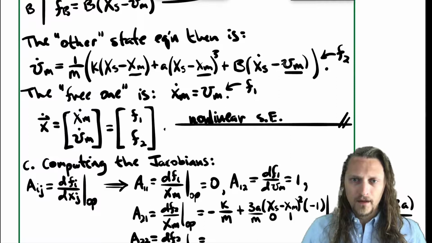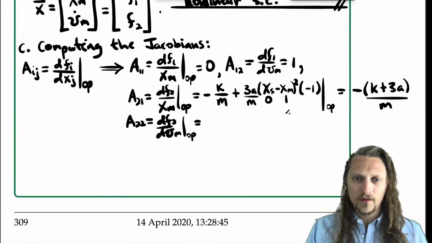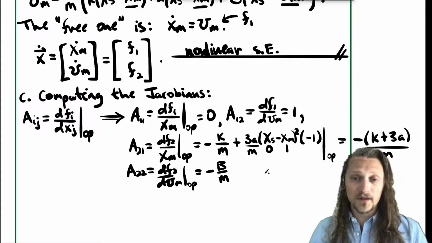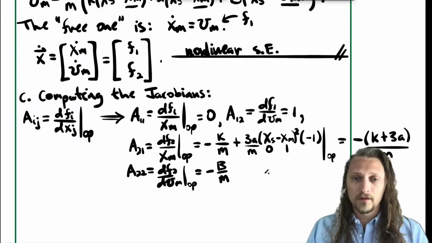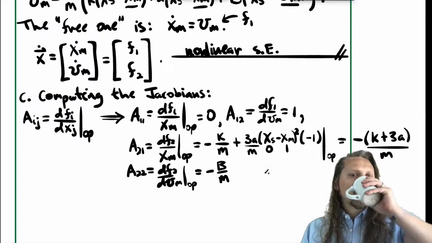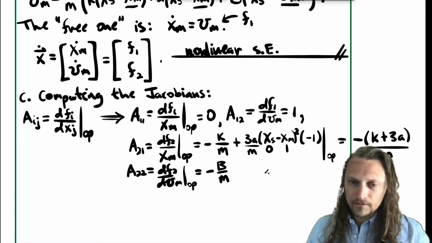So we get negative b over m as our coefficient of that, which is also the derivative. We don't have to evaluate this at the operating point because none of the state variables or inputs show up. That's because this term was already linear.